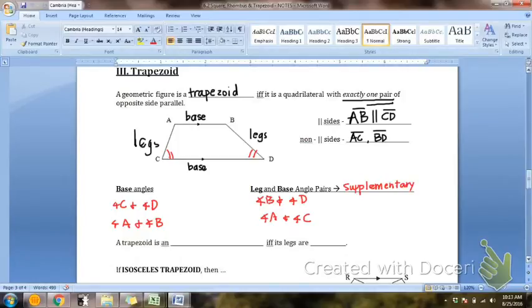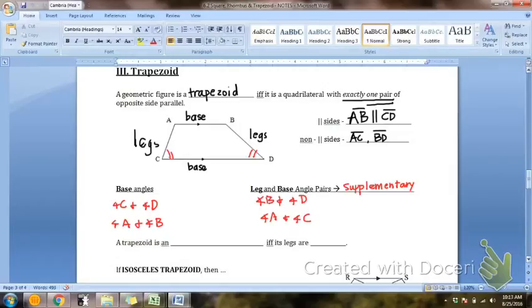So if you were to add angle B plus angle D, you would get 180. If you added angle A and angle C, you would get 180. That is not true if you add A and B or C and D. So base angle pairs are not supplementary, just leg and base.